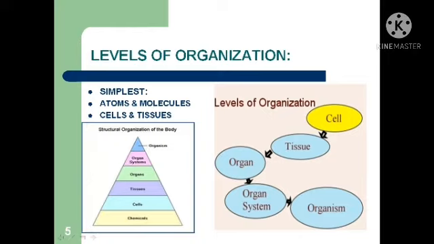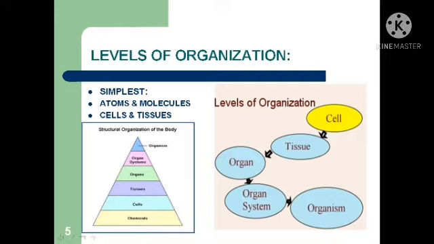Now the levels of organization. You would have studied in your FSc course that a cell is the functional and structural unit of an individual. Over here we are concerned with the human being, that is why we will discuss it in the perspective of the human being.